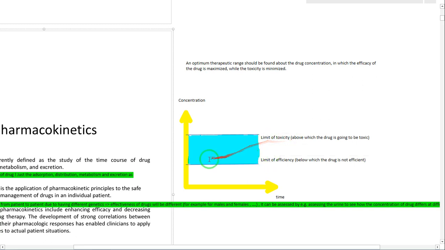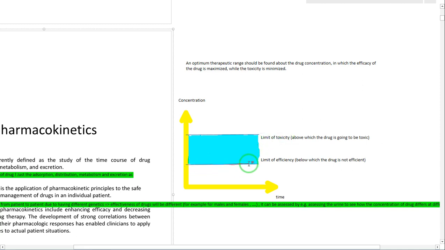As you see here, when we draw the concentration of the administered drug with respect to time, this limit defines the maximum concentration of drug that can be used to avoid severe toxicity in the body.